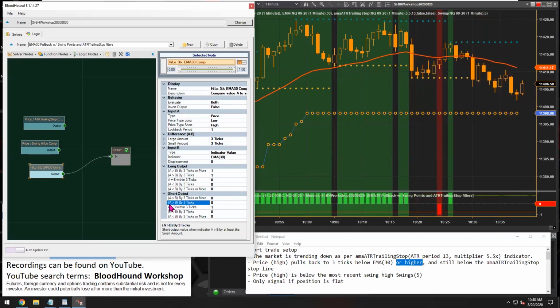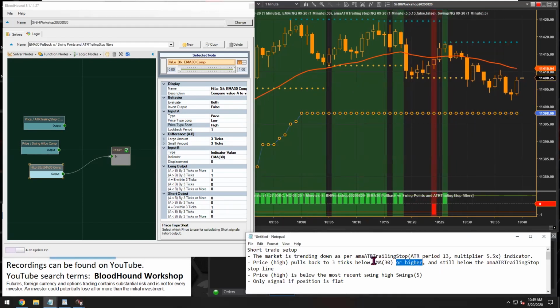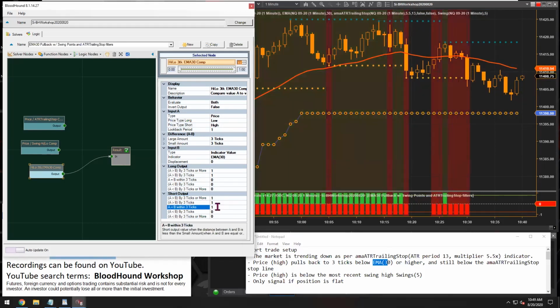In other words, A can be greater than B, A can be higher than B. And what is A? A is the high price. So the high price can be higher than our EMA 30, so we can set these on and that on.